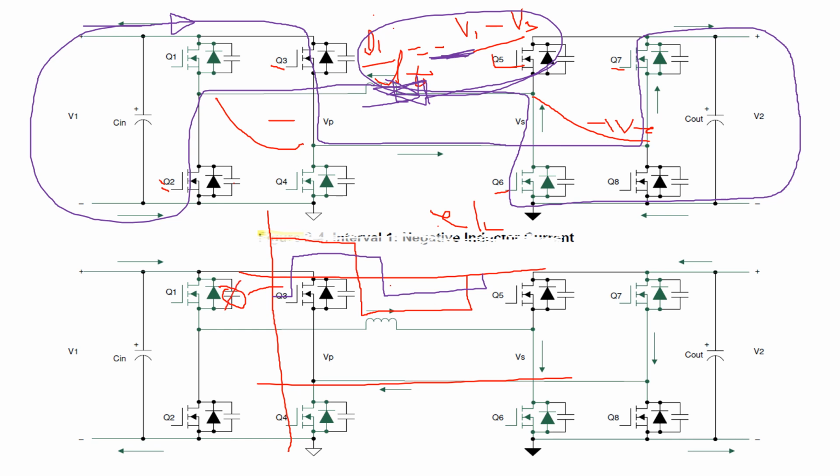Let's say this is the first interval, this is the second interval, this is the third interval, and this one is the fourth interval. We're going to look at how the inductor current changes along these 4 intervals in a single switching cycle of a DAB bidirectional converter.